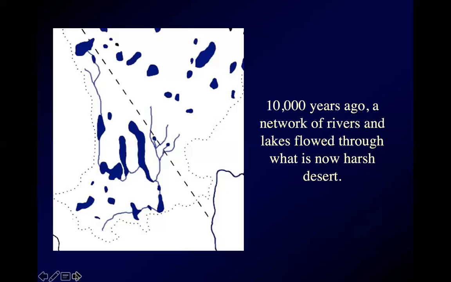It would have looked like this. That dashed line on the map that you see is the present-day California-Nevada border area. The city of Las Vegas is down kind of in the lower right. I'm not sure if you can see my arrow, but Las Vegas is down there. Los Angeles would be probably off the map, but over to the left-hand side.